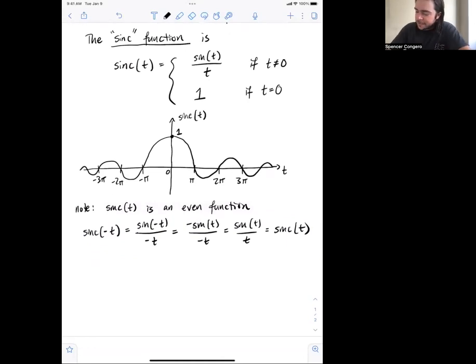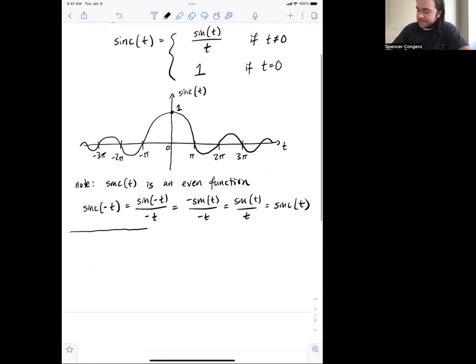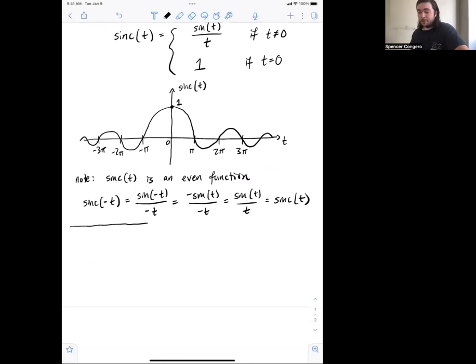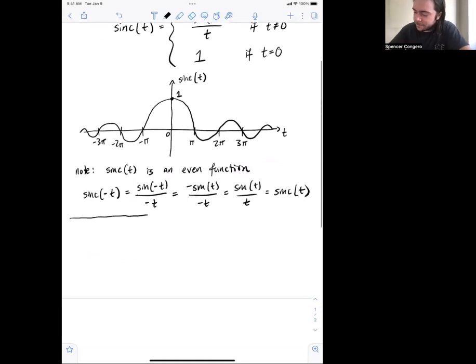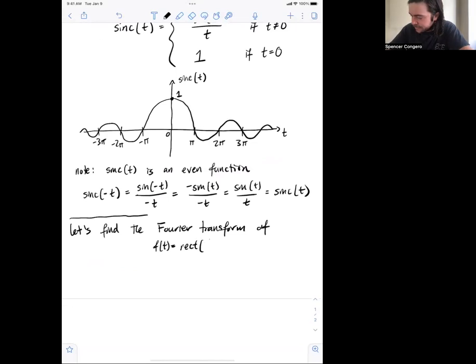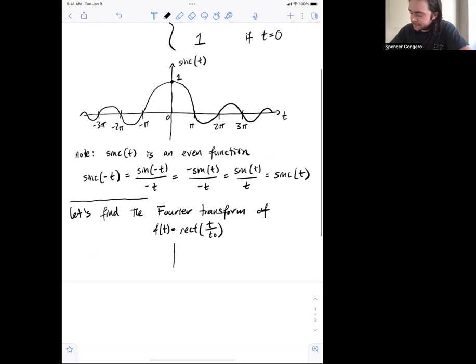All right, so now what's the point of defining this function? Well, it turns out it comes up in Fourier transforms. So what we're going to do is find the Fourier transform of f of t, which is going to be rect of t divided by some constant t naught. So what does that look like? It's just a rect function right here.